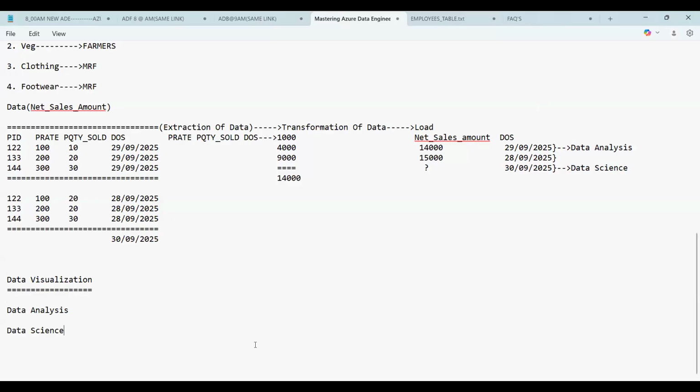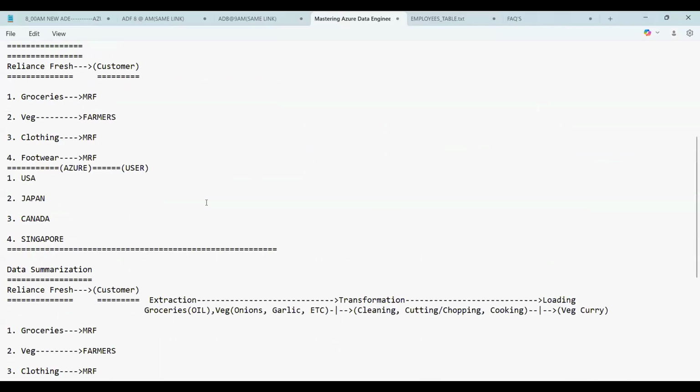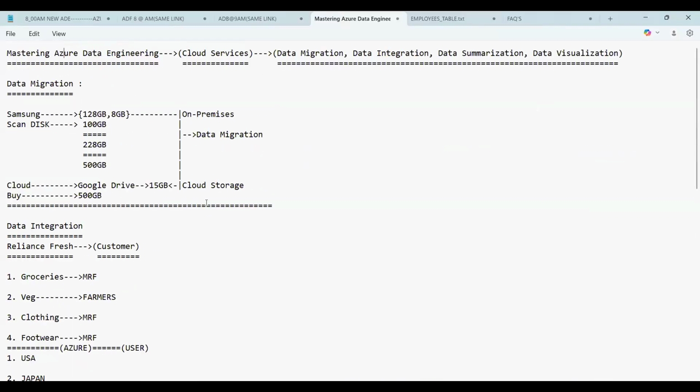So from the part of data extraction till the part of data visualization, this whole task we can do by using what? Azure data engineering. Azure data engineering is nothing but a one-stop solution for all the data engineering activities.